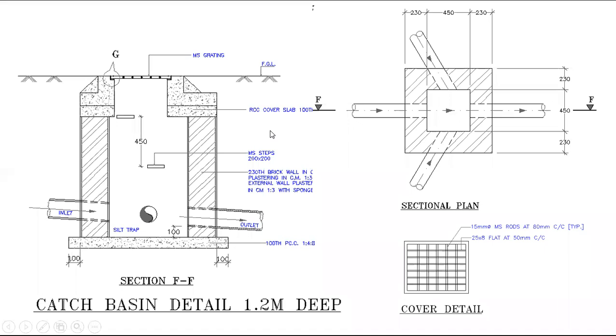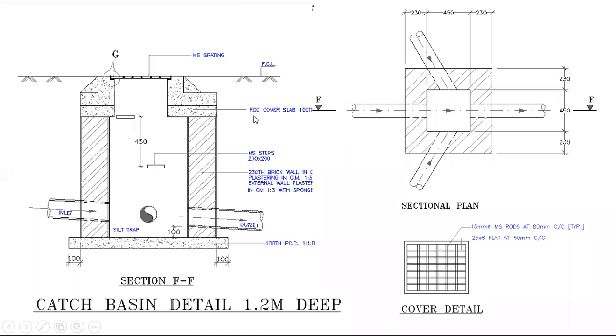In our sewage inspection chamber, there are no holes in the top cover. You will seal it completely, because rainwater should not enter into the sewage network. The size is also the same as our inspection chamber. Based on the depth only, you have to provide the size of the manhole.